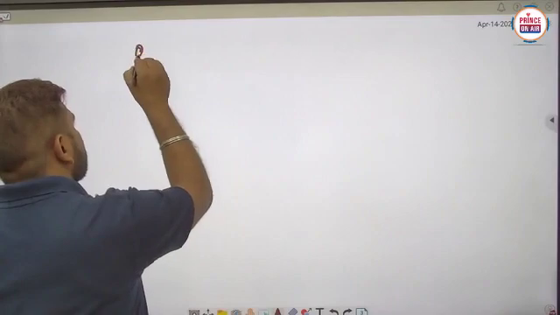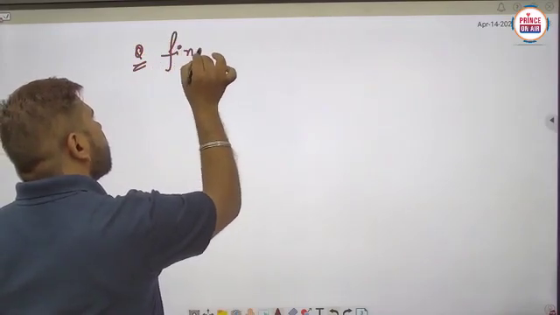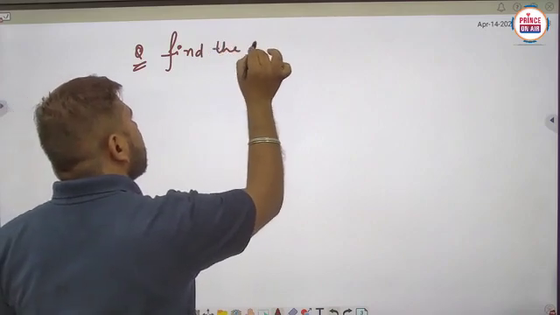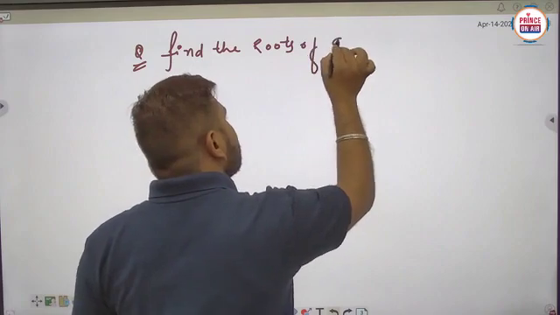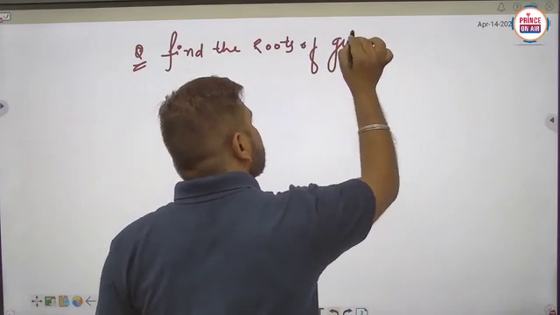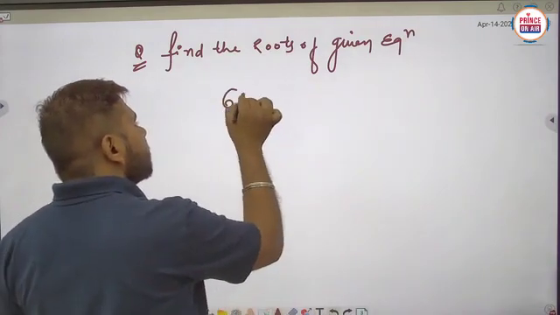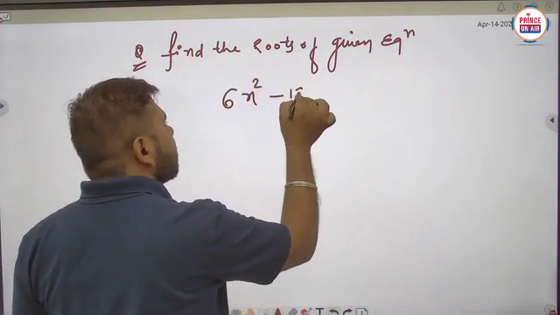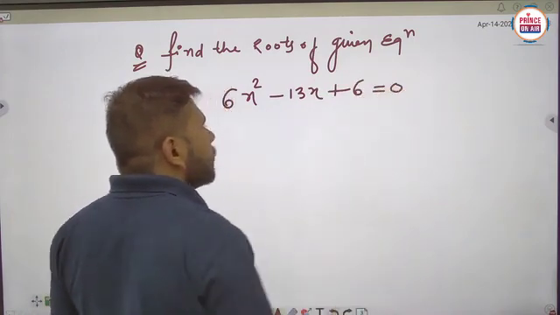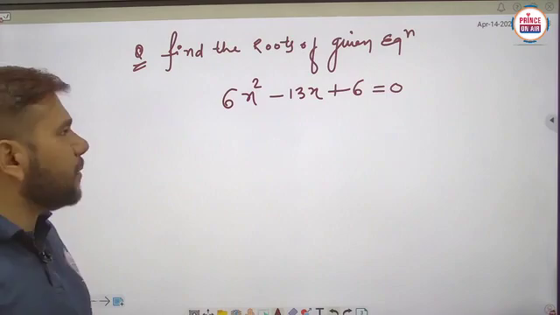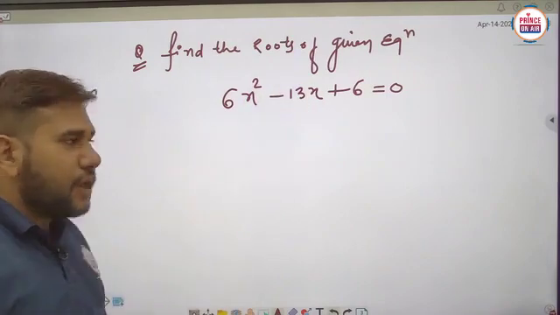Find the roots of the given equation. The equation is 6x square minus 13x plus 6 is equal to 0. What is the equation here, beta? 6x square minus 13x plus 6 is equal to 0.